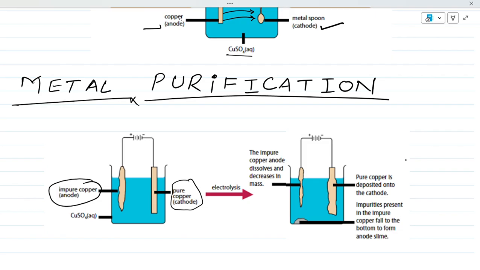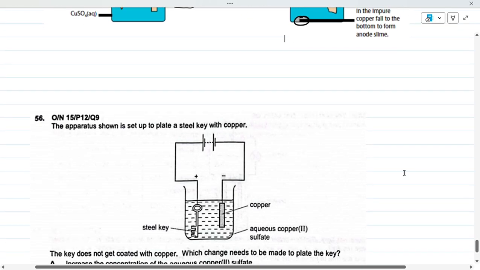For example, if we are trying to separate the impurities from a sample of impure copper, the impure copper will be taken as the anode. When the electrolysis starts, the impure copper anode dissolves and decreases in mass, forming copper ions, and those copper ions travel towards the cathode and the impurities are left behind. So this is the whole process of metal purification.